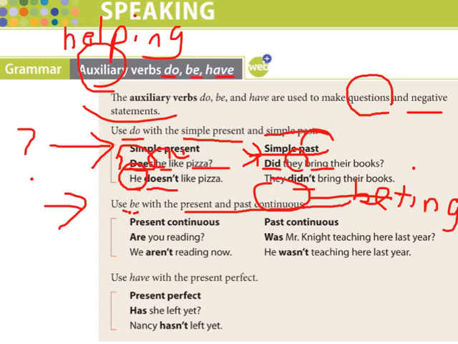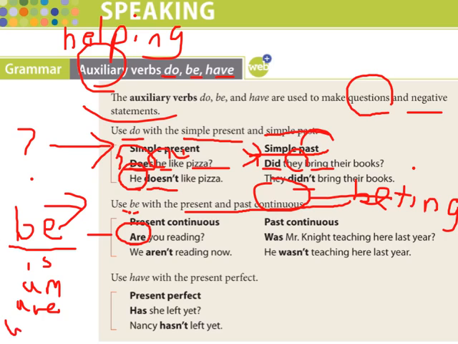So the continuous tense looks like this. Are you reading? Notice we took the auxiliary verb be because we know that there are different forms of be, and they are is, am, are in the present tense, and was and were in the past tense.